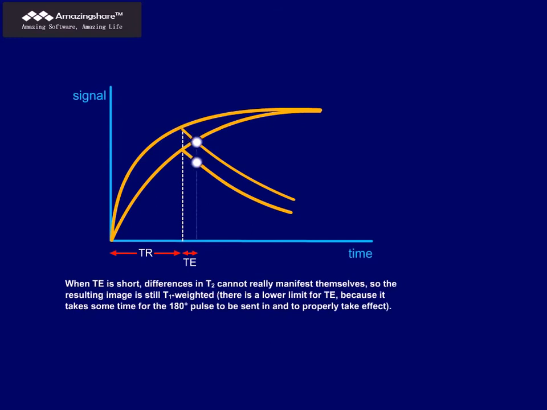When TE is short, differences in T2 cannot really manifest themselves. So the resulting image is still T1 weighted. There is a lower limit for TE because it takes some time for the 180-degree pulse to be sent in and to properly take effect.